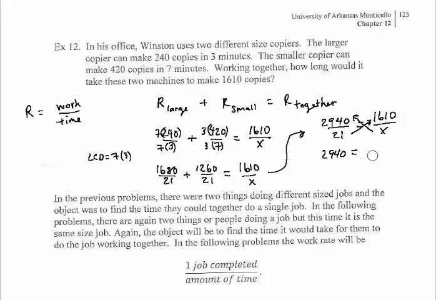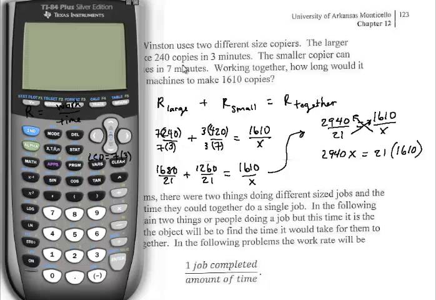2940x equals 21 times 1610, and I need my calculator for this. So let's see, clear, 21 times 1610, and then what we're going to do is divide both sides by 2940, and we'll get x by itself.